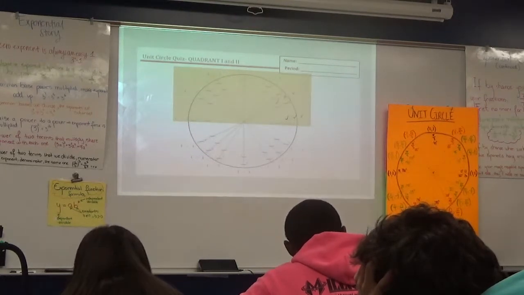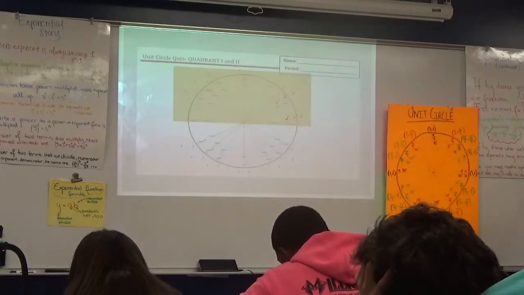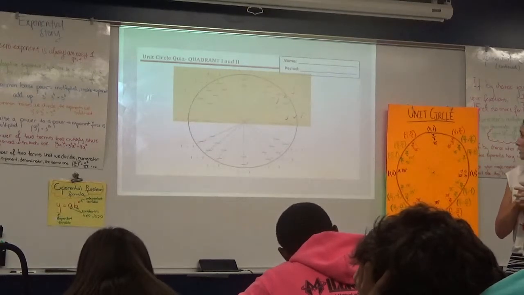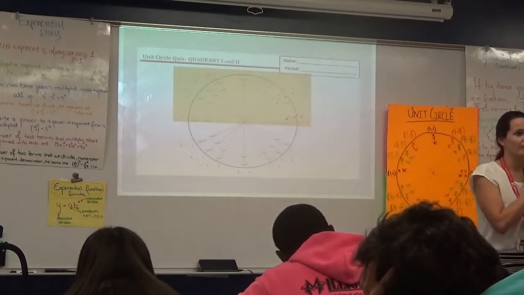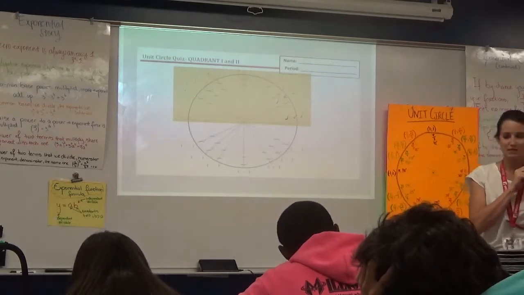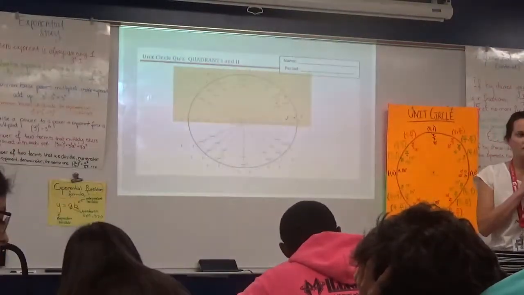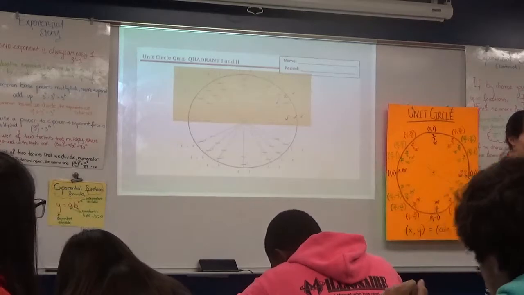Next one, 150 degrees, 5 pi over 6, negative root 3 over 2, positive 1/2. Last but not least, pi, 180 degrees, is negative 1, 0.